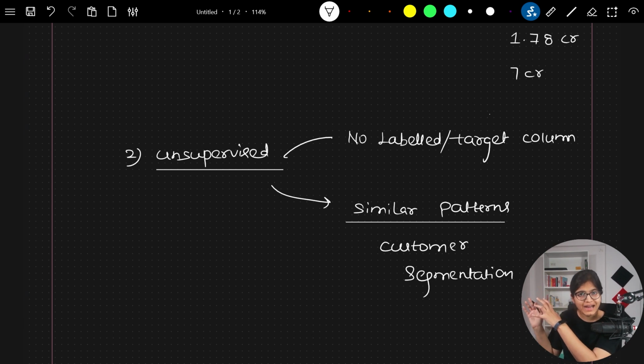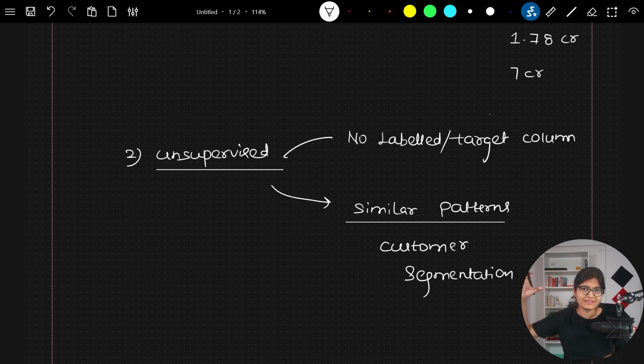Then I create another cluster which belongs to a similar group of people having a moderate spending rate. And then maybe the third cluster will be a group of people having a very low spending rate. So what we've done here is, we have created three segments of customers.